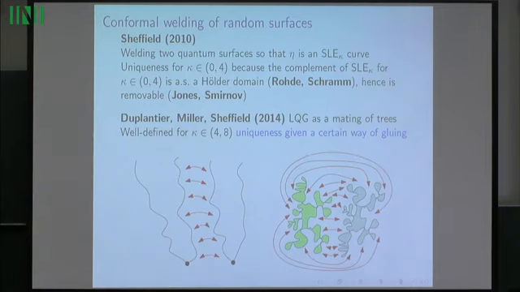On the left it's a welding of just two quantum surfaces, but on the right it's a welding of two loop trees, so that their interface is SLE kappa, which is self-touching. So here there are in fact infinitely many connected components. But this uniqueness is weaker than saying the curve is removable, of course, because they have a certain way of gluing the trees.